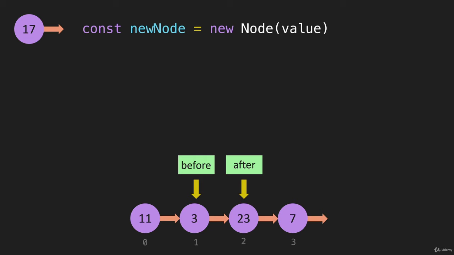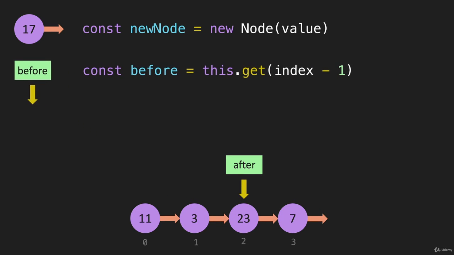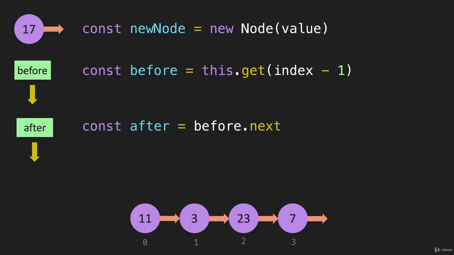And for the two variables, for before, we'll say before equals this.get of the index where we're inserting it - 1. And then for after, instead of using the get method, because remember, get is going to be an O of n, because it's going to have to iterate through the list to get to the particular index, we'll set after equal to before.next, and that'll be an O of 1.